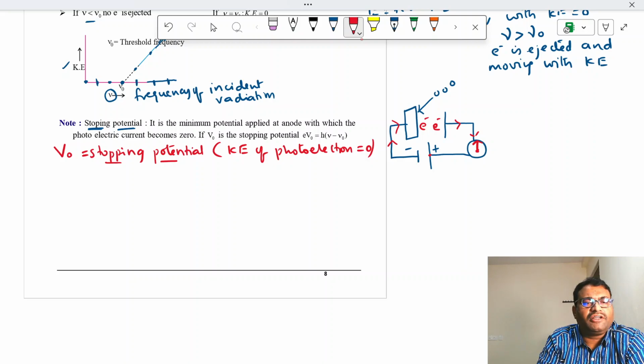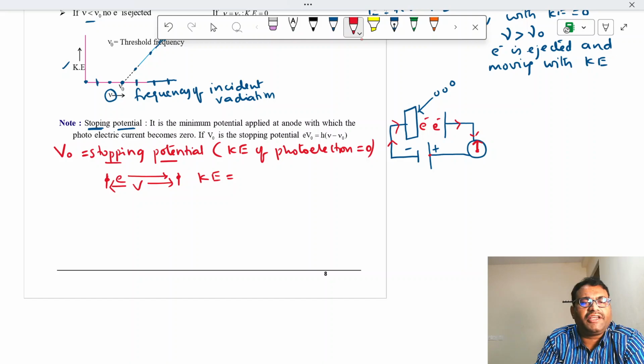We know that, for example, between these 2 points, there is a potential difference of V. If a charged particle like electron is accelerated between these 2 points, then the kinetic energy attained by that electron is given by eV.